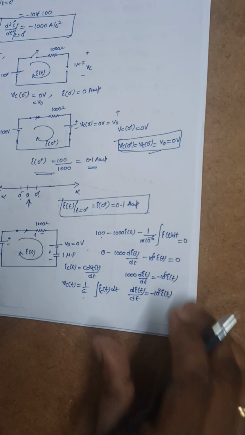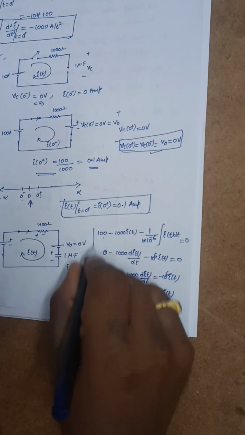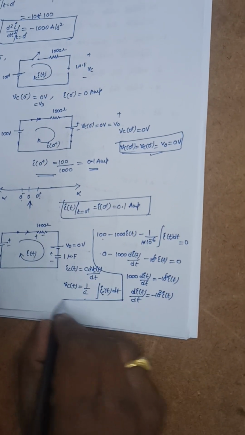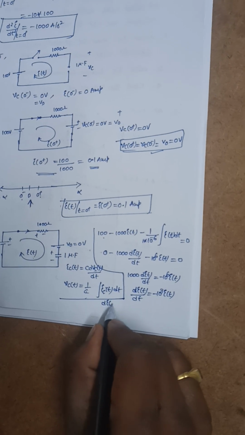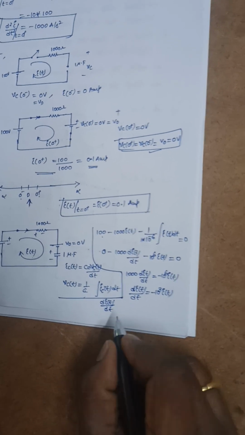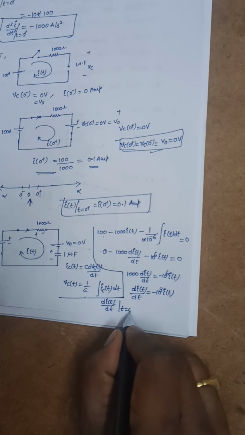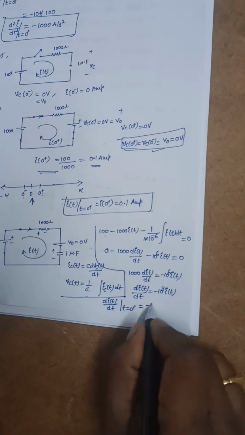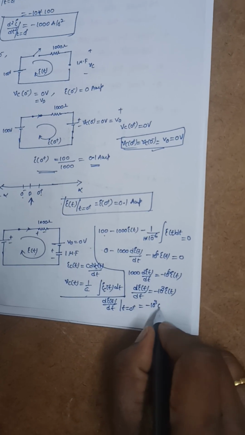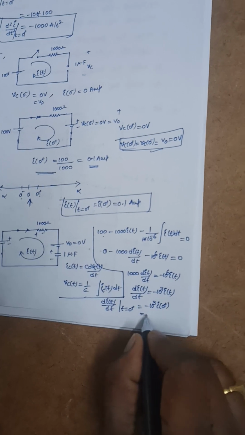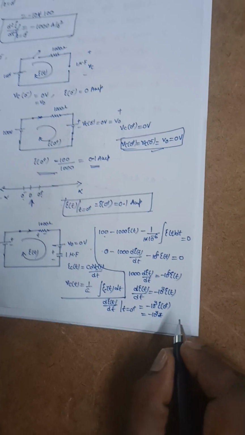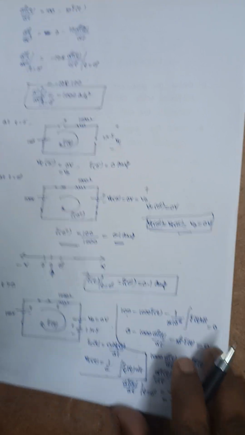Now you see, what I need to find here is di of t by dt at t is equal to 0 plus. So just substitute here: minus 10 cube into I of 0 plus. We calculated I of 0 plus as 0.1 amperes.